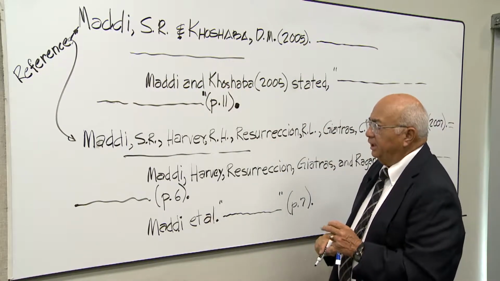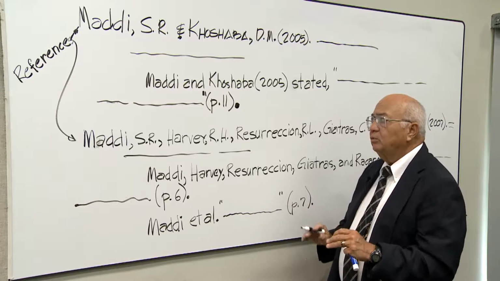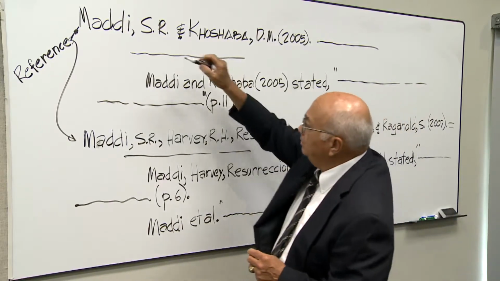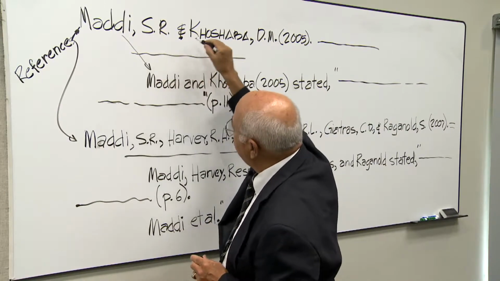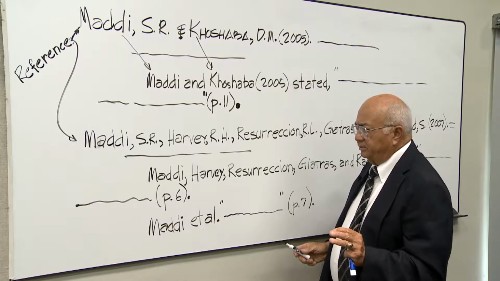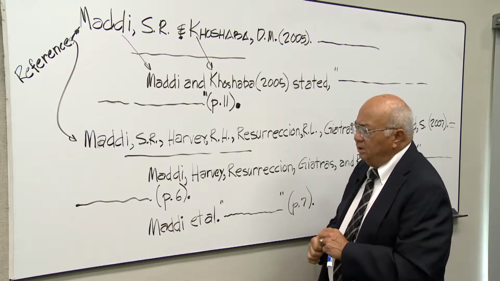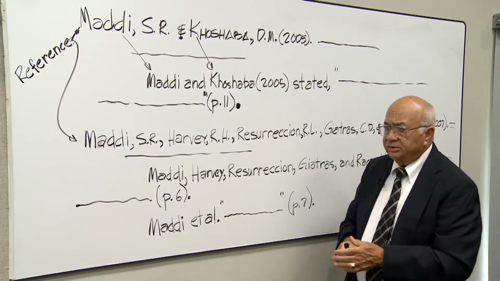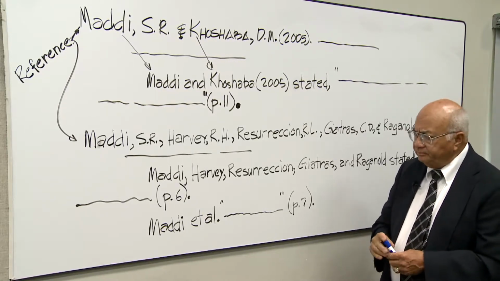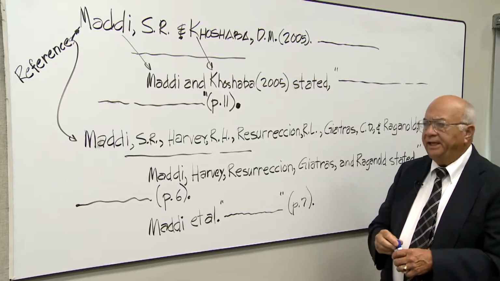Okay, all right. Now let's take a case with more than two authors in the citation. You notice that we cited both of these people here. More than two authors. Here's an example. I had the opportunity to work with Sal Maddi and some other people on an article that dealt with Hardy Attitudes.